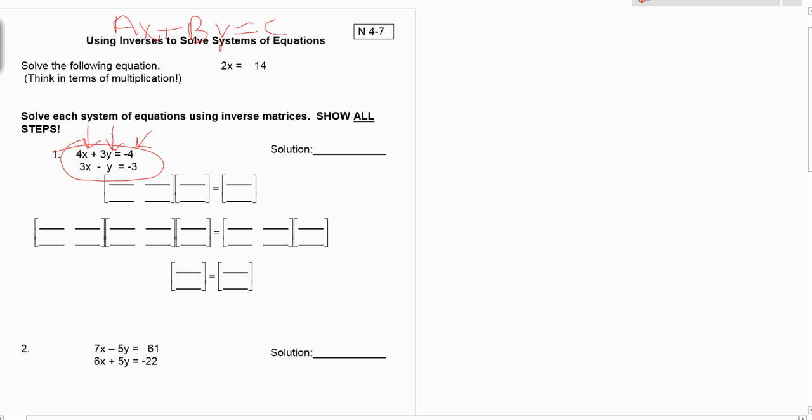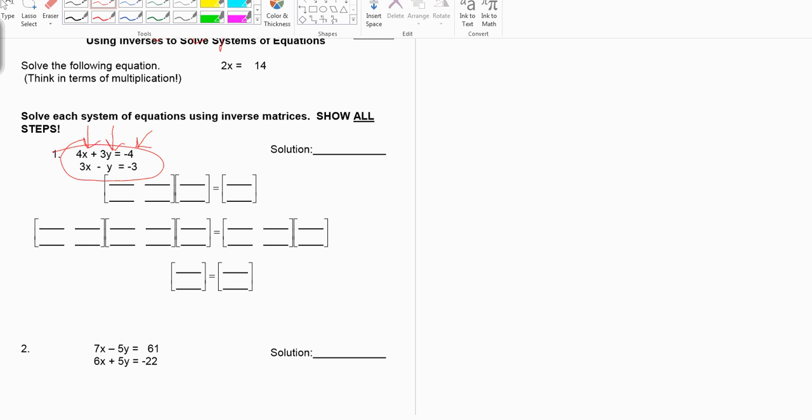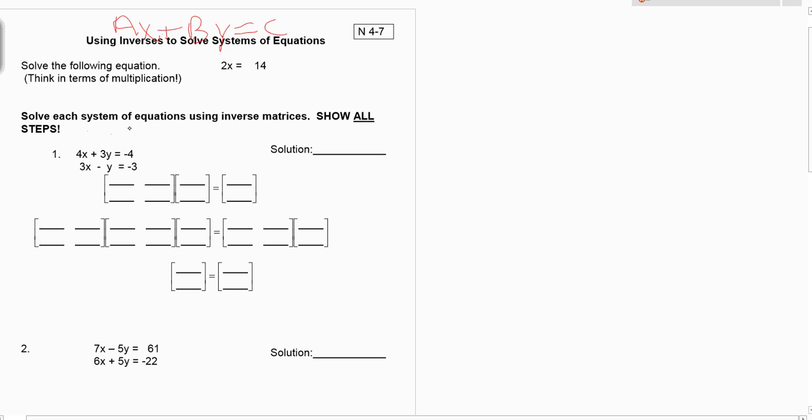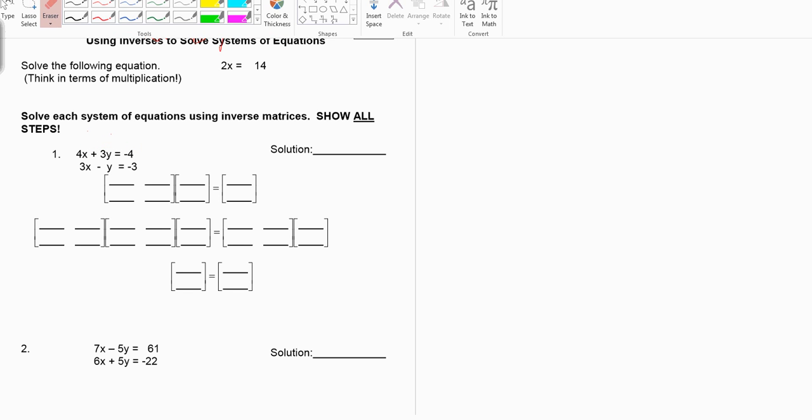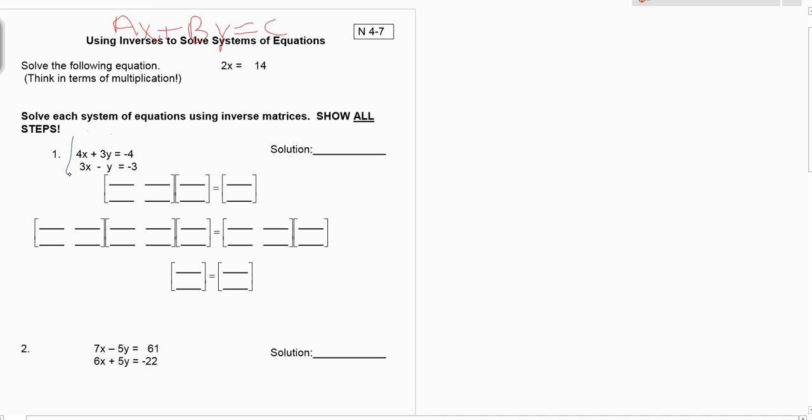So we have ax plus by is equal to c. And in order for this to work, we have to set up two separate matrices. So let's talk about those two real quick. The first matrix is going to be based on the coefficients.